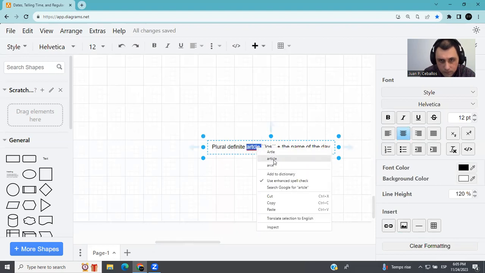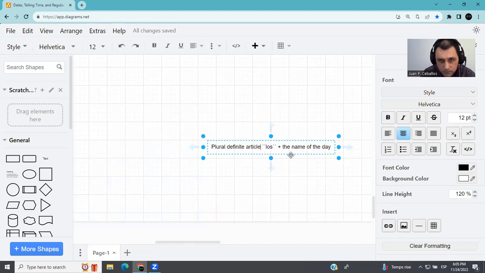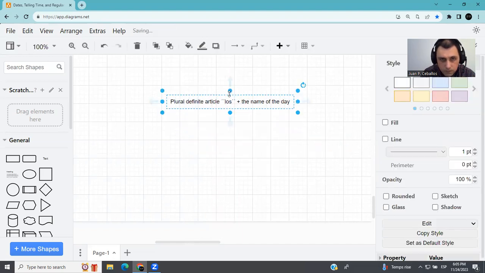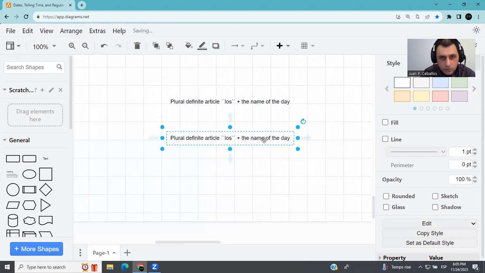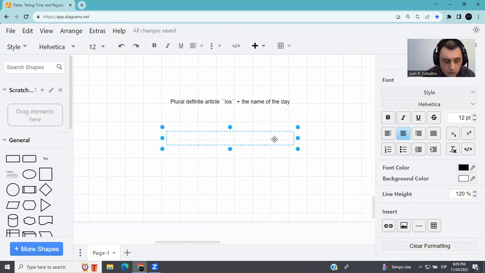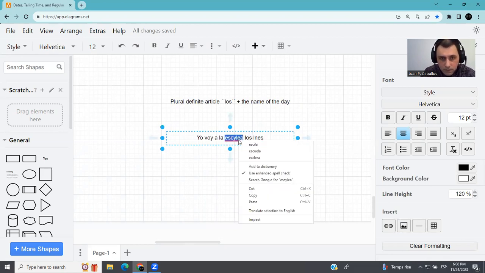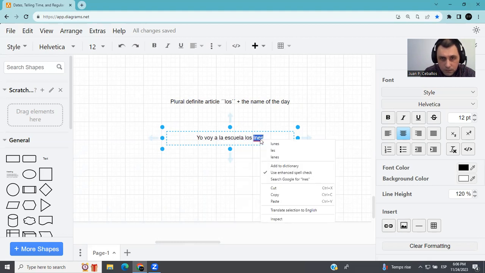Now, let me give you an example about this. I'm going to use the same example I gave you before. I go to school on Mondays. Yo voy a la escuela los lunes. Los lunes.